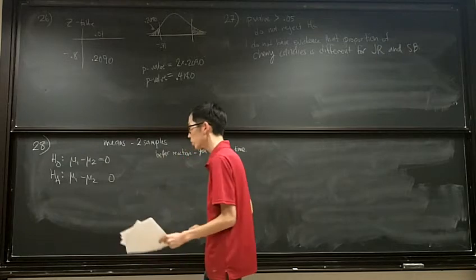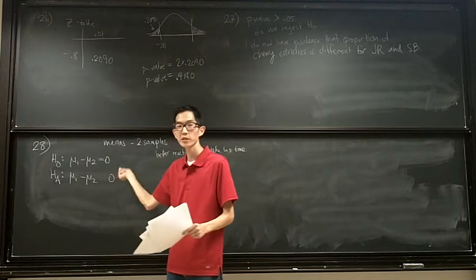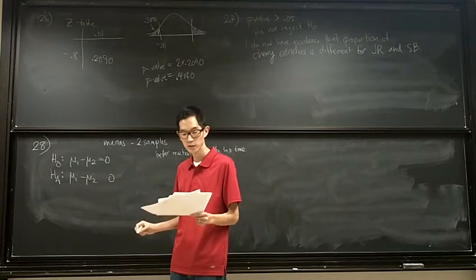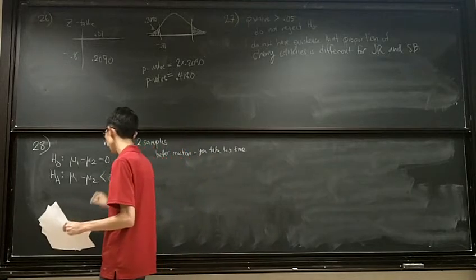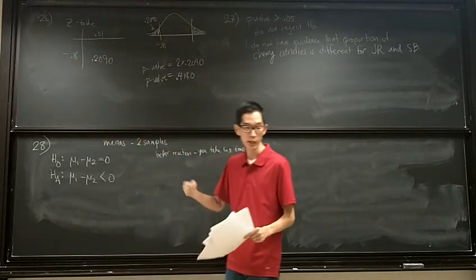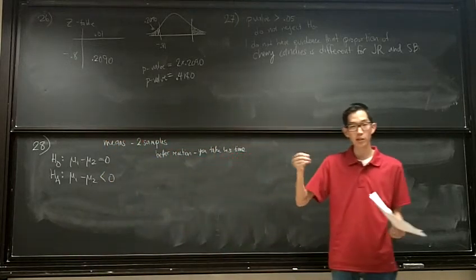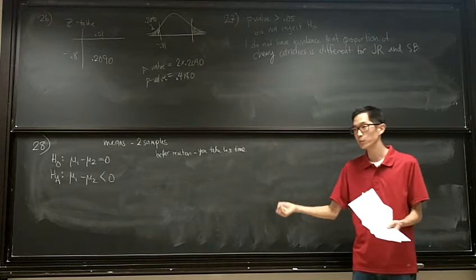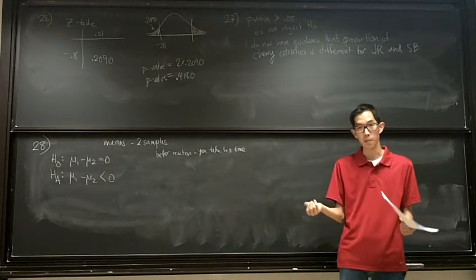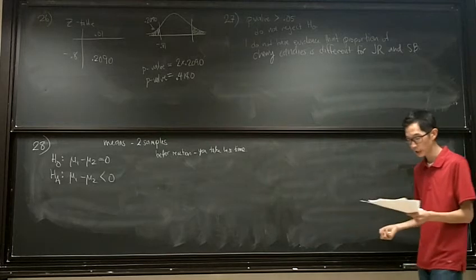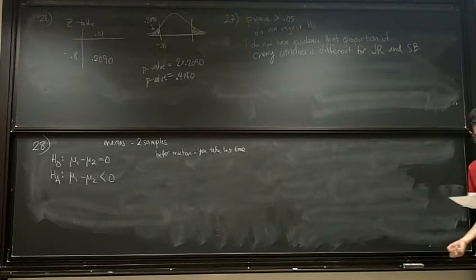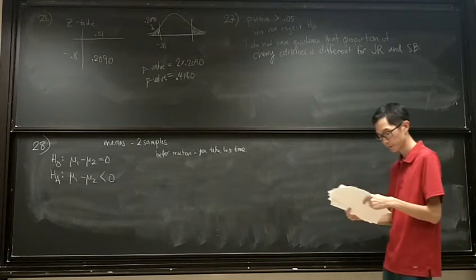So should mu1 minus mu2 be greater than 0 or less than 0? Less than 0, okay? Because mu1 is the people who had caffeine. Their time should be smaller than the people who didn't take caffeine. So those are the hypotheses that you should have.